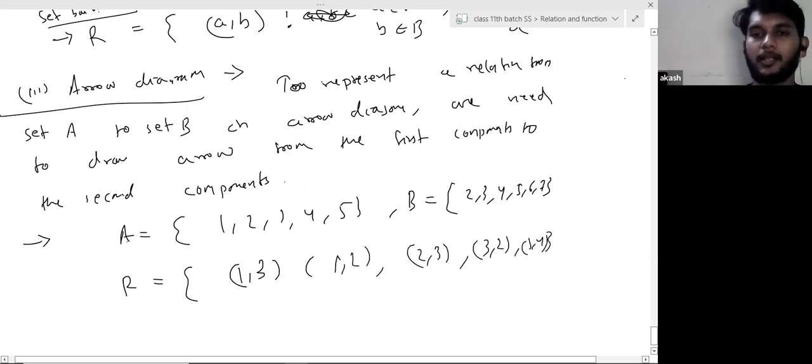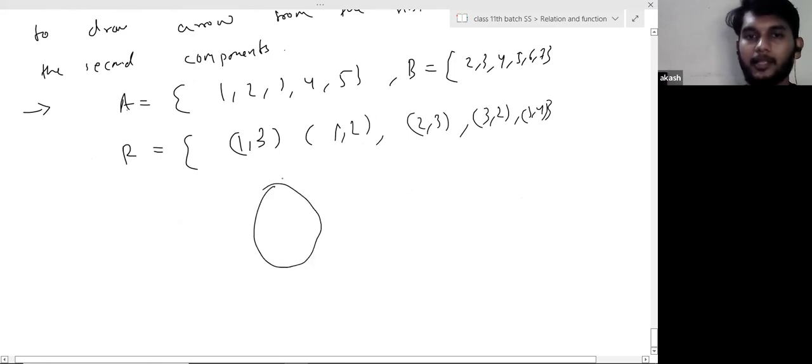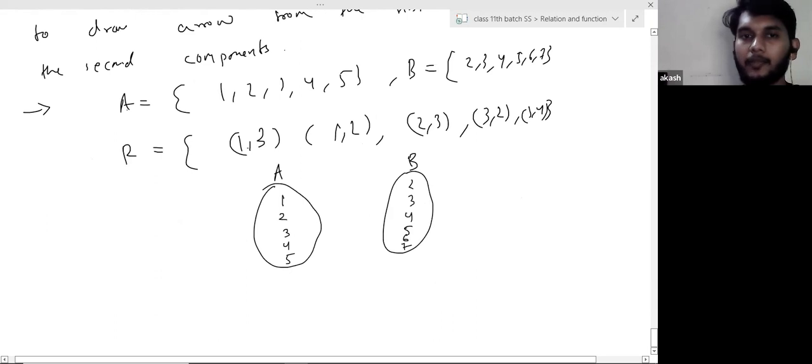Let's suppose this is the relation R. So what you have to do, you have to draw a circle, and this is set A. Draw this circle, this is set B. Write all the elements of A here, 1, 2, 3, 4, 5, and set B here, 2, 3, 4, 5, 6, 7. The next step is to draw arrows from the first element to the second component.